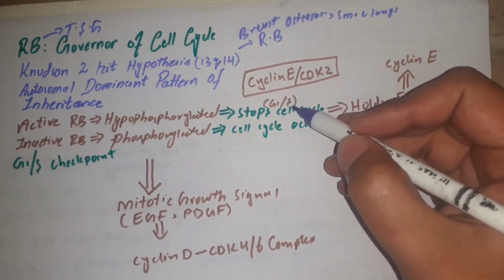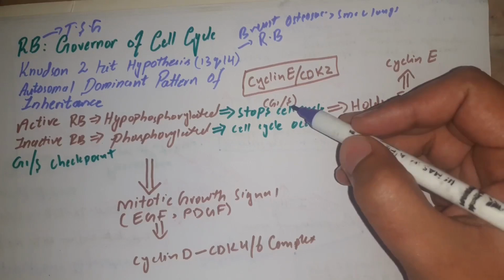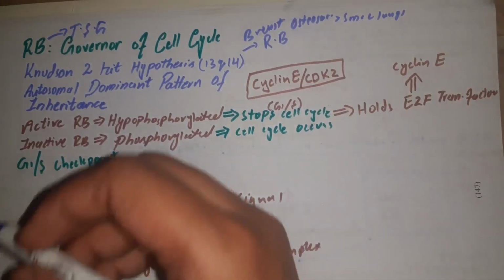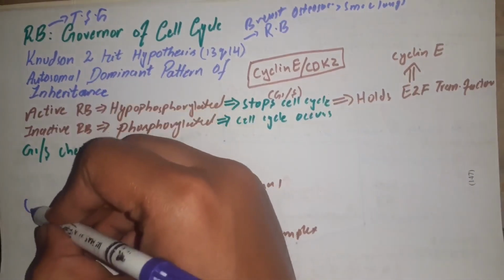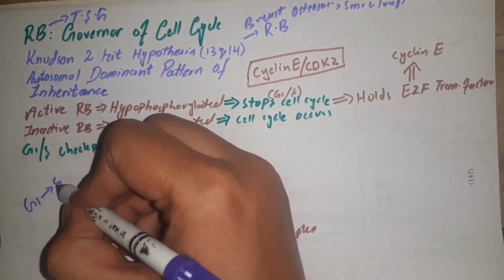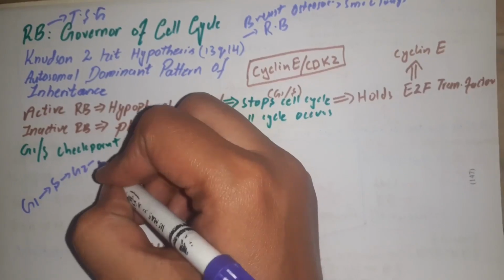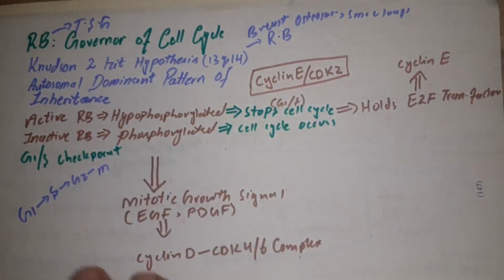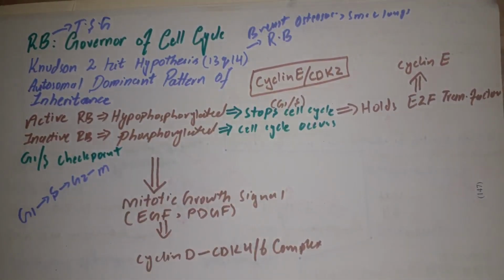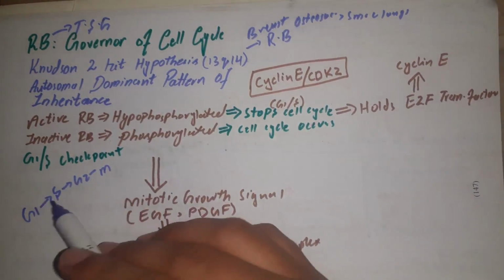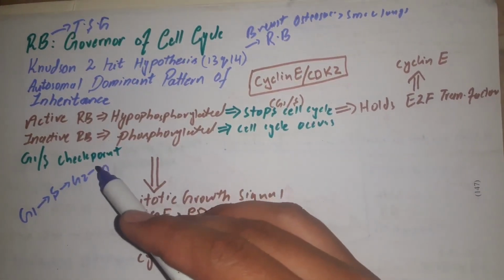And this G1S checkpoint is a very, very important checkpoint of the cell. We know that the cell cycle proceeds through the G1 phase, and then S phase, and then G2 phase, and then comes the mitotic phase. Okay, so this G1 to S transition is very, very important, because when the cell enters the S phase, it is committed to divide.